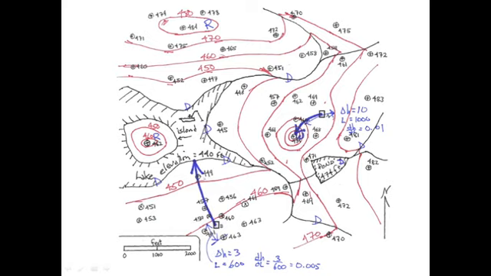This one goes down in this direction. The gradient is determined as the distance measured perpendicular to the contours, and that distance is measured using this scale, and then the change in head, which in this case is 460 to 470, so a change in head of 10 and a distance along that length of looked like about 1,000.